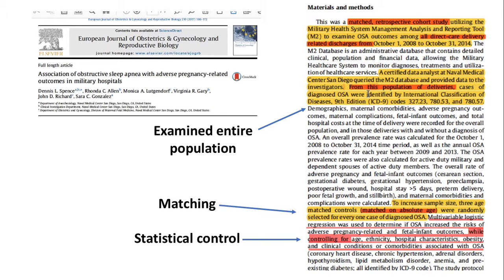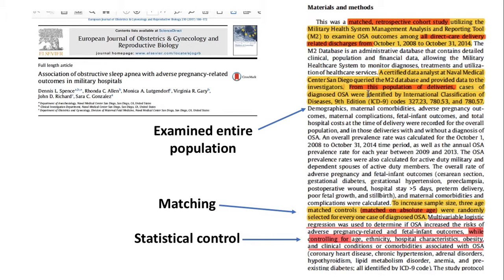But what we did use was matching to increase our statistical power. We actually matched three age-matched controls for every patient with OSA. So in this study, I believe we had maybe around 400 women who had a diagnosis of OSA.